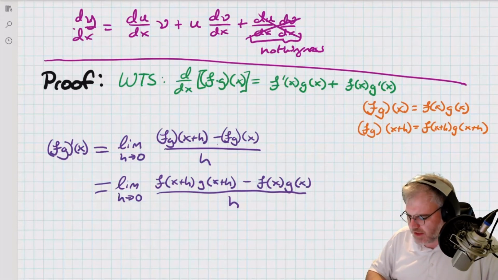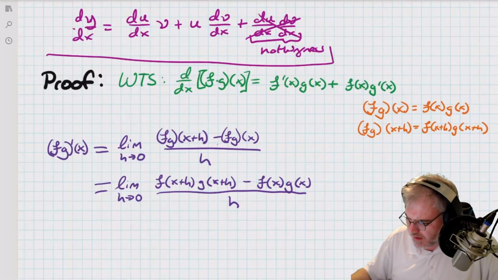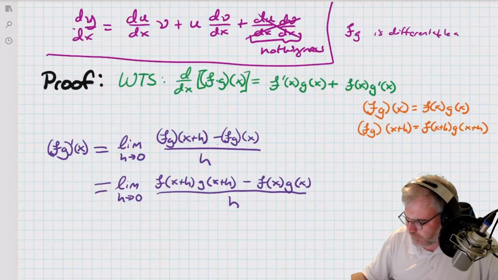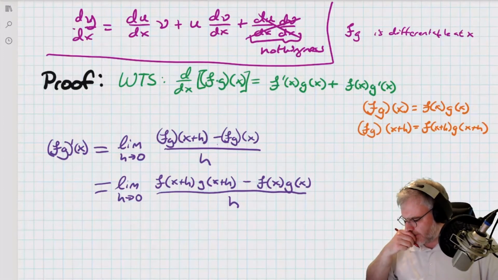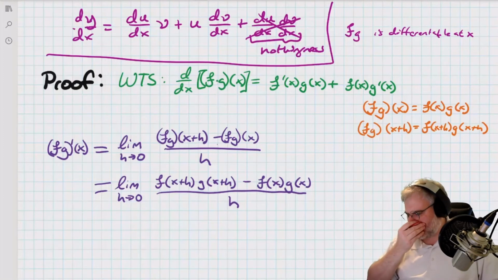I've got some conditions on this theorem. Let's see what those are. I'm stuck. Conditions on my theorem are, let's see. I know f is differentiable at x. No, I'm sorry. I know fg is differentiable at x. Kind of all I have, isn't it? Huh.